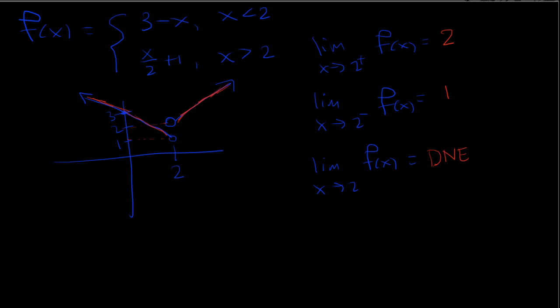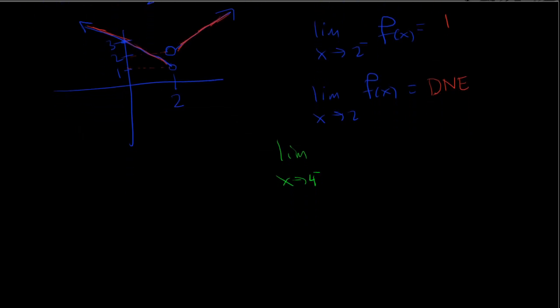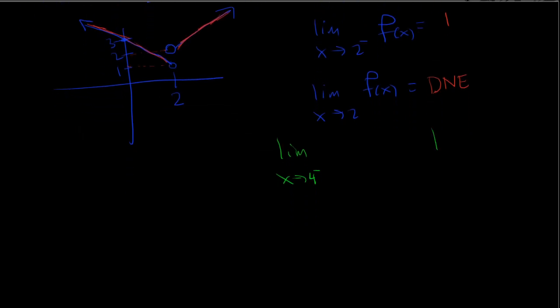So let's say I look at the limit as x approaches 4, we'll look at 4 from the left, 4 from the right, and then just 4.